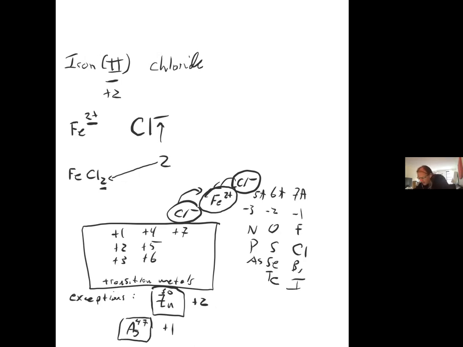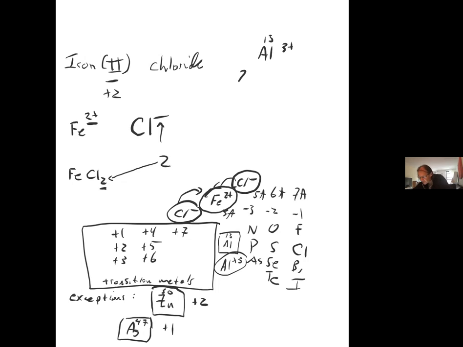Okay. And then over here in group 3A, there's an exception there too, which is aluminum, which is element number 13, is +3. Okay. So those are the three you can memorize. There's aluminum, which is 13, which is +3.